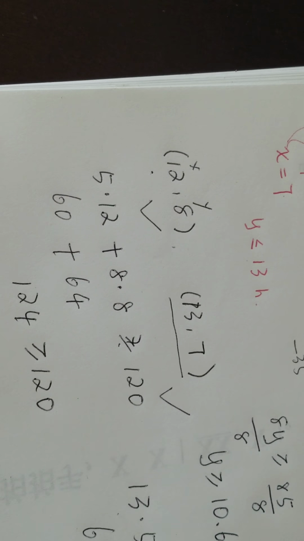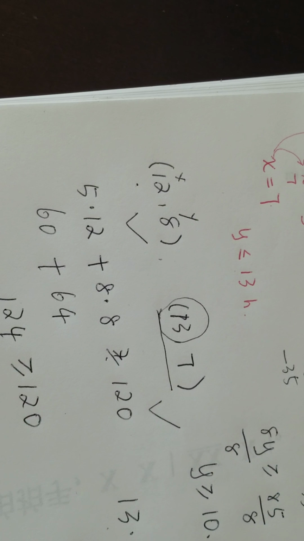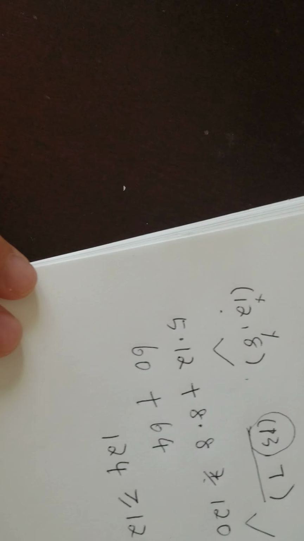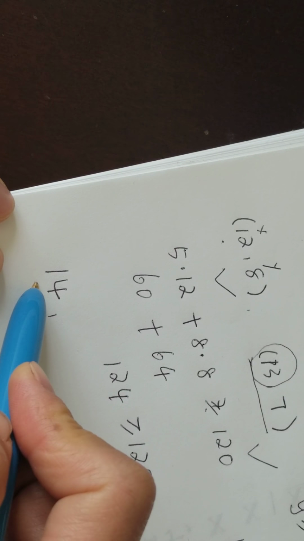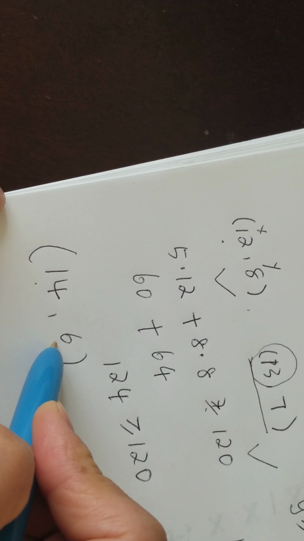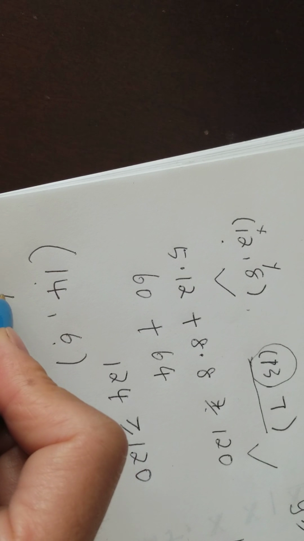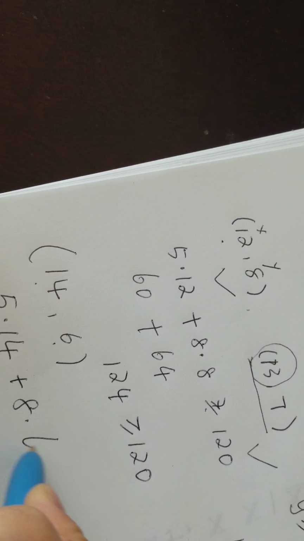Now, because it asks for the maximum value of x, someone might say, what about 14? Let's try 14. If x is 14, the maximum value for y is going to be 6. Now let's see 5 times 14 plus 8 times 6.